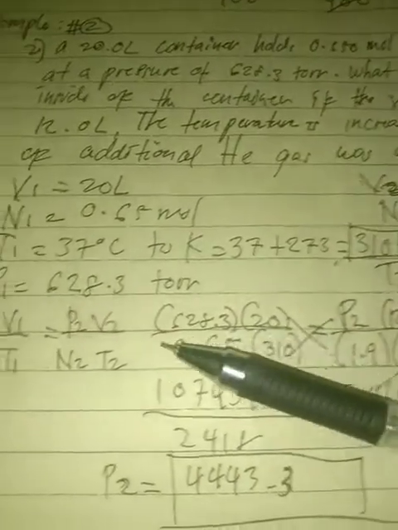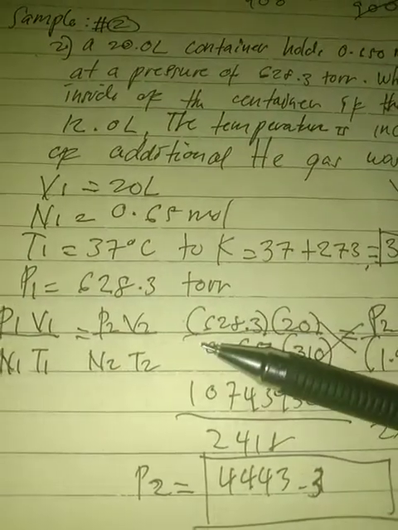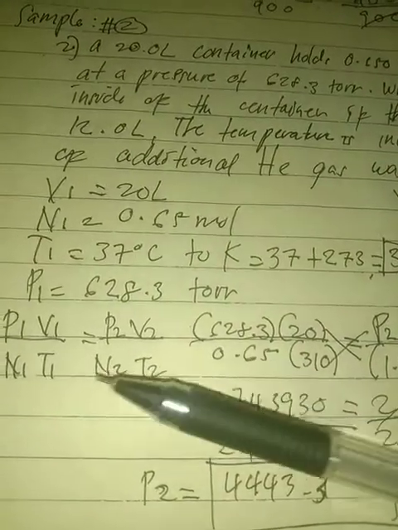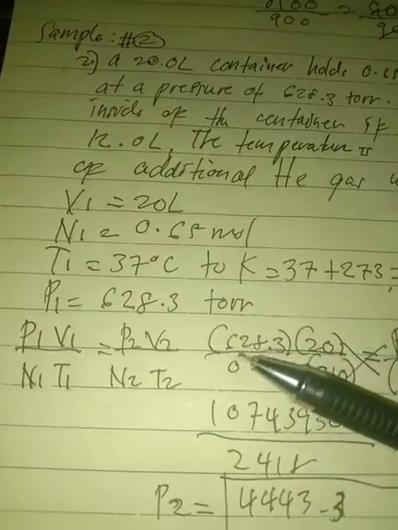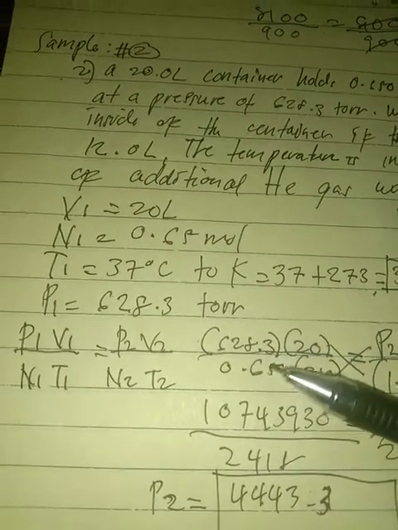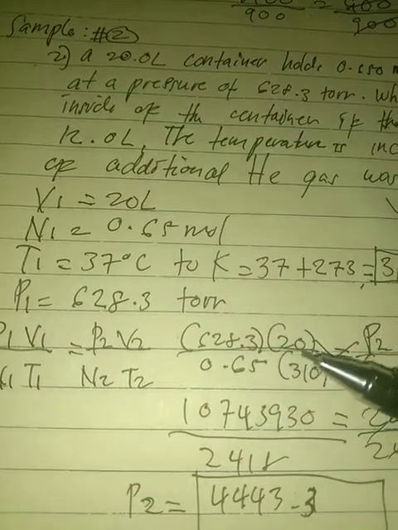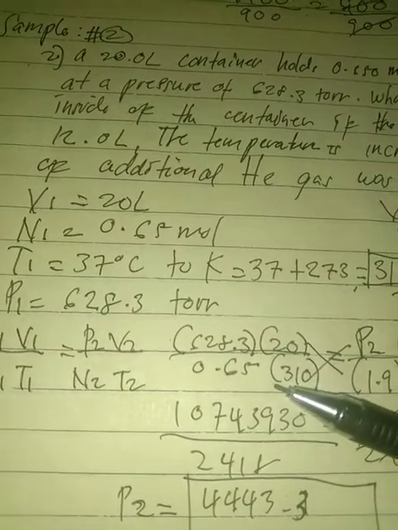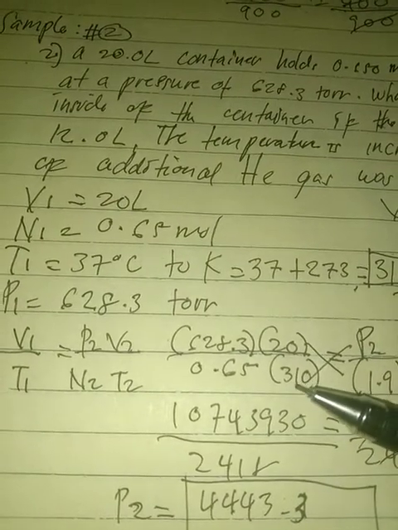So now what we are going to do here is to solve or multiply. So we're going to put here first based on the equation. The value of our P1 is 628.3, and the value of our V1 is 20, and the value of our N1 is 0.65 mole, and then the value of our T1 is 310.